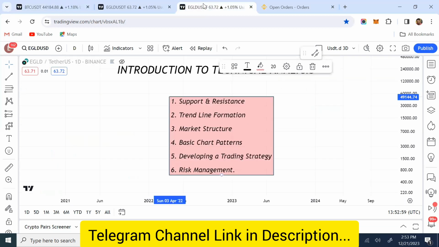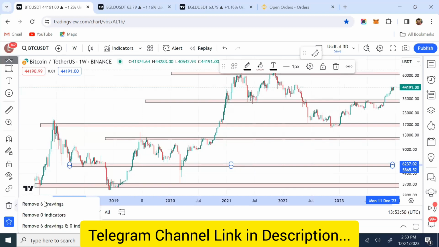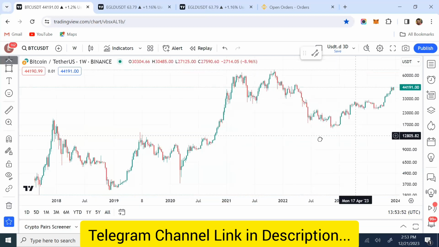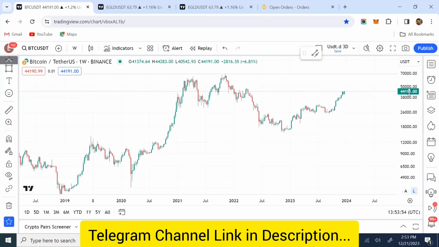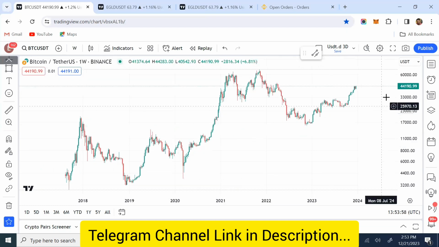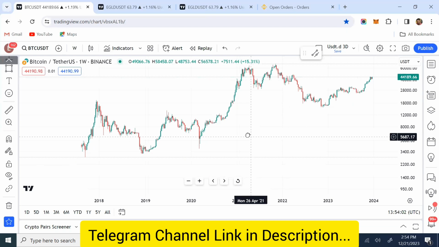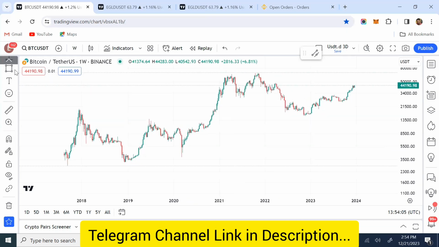The next thing we want to talk about is trend line formation. Now, let me quickly take all of these things off. Trend lines are used to connect price movements. You can see that we have a trend line duly formed here.